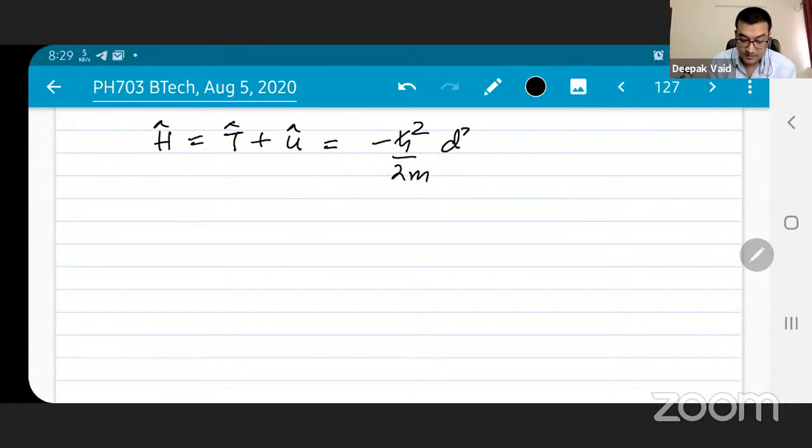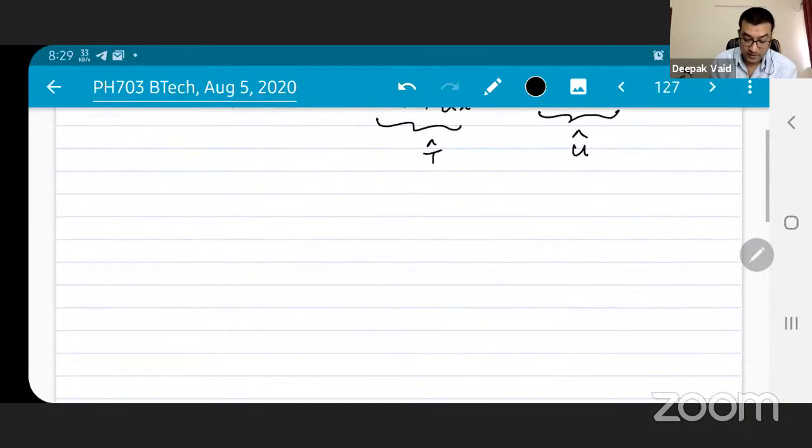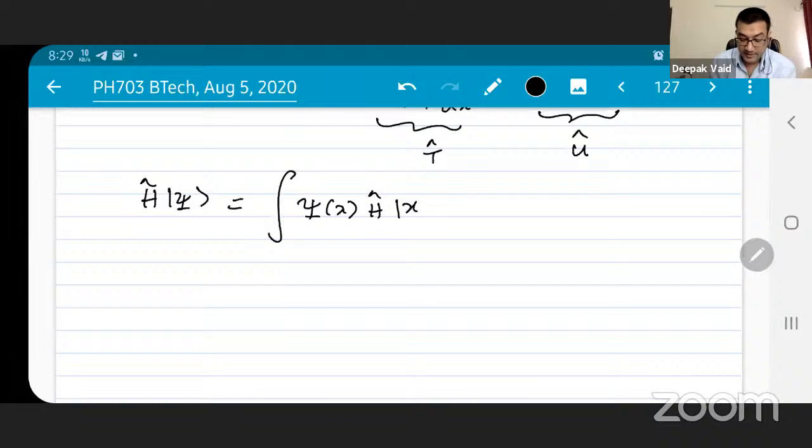This is my T hat. And U is 1/2 k x hat squared. So when I write down H hat acting on psi, remember that H hat acting on psi is actually this expression: the integral of psi of x, H hat acting on the position eigenstate, dx.